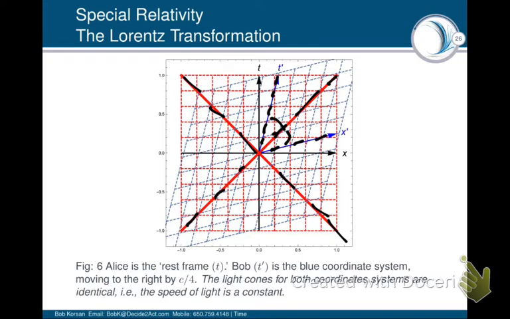Notice the light cones are identical to Bob and Alice's coordinate systems. This is what it means to say that the speed of light is a constant. The light cone is identical for all observers, regardless of their velocity.